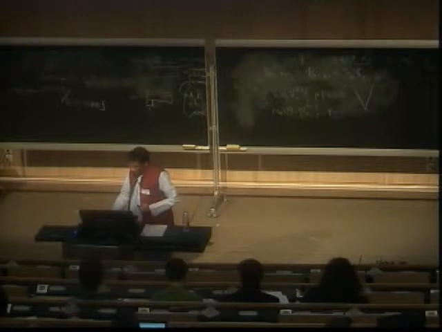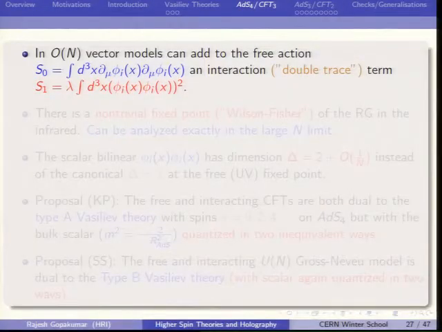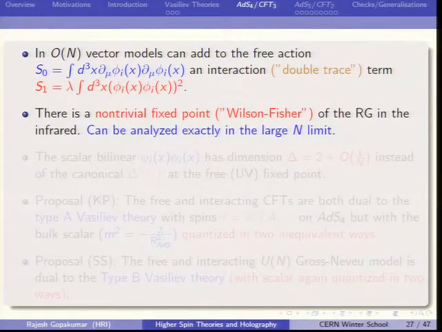And when one includes interactions, these theories have non-trivial quantum behavior. For instance, if I add to the free action of the O(N) vector model a double trace-like interaction, namely a quartic term (phi_I phi_I) whole squared, then it's a famous result that there's a non-trivial fixed point of the renormalization group flow, the analog of the Wilson-Fisher fixed point in the infrared.